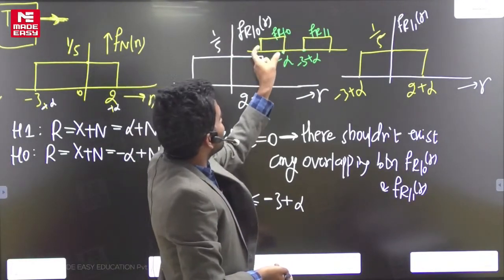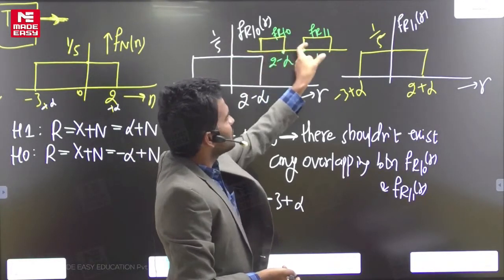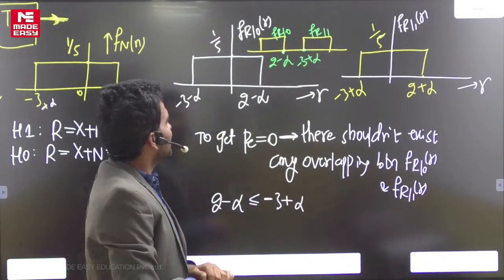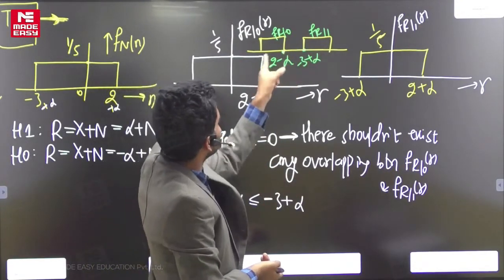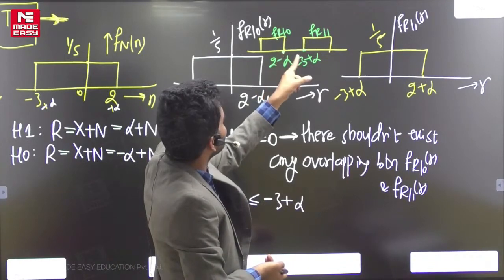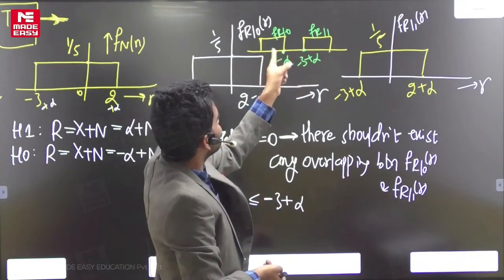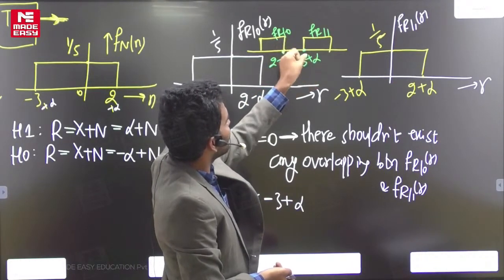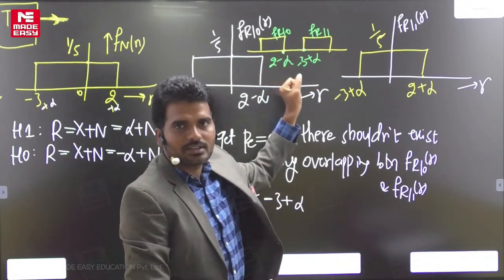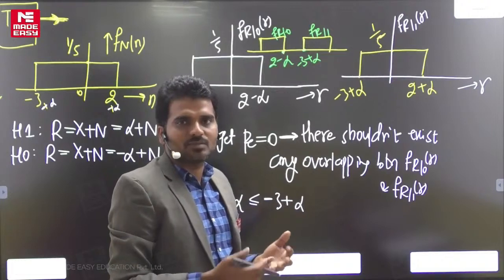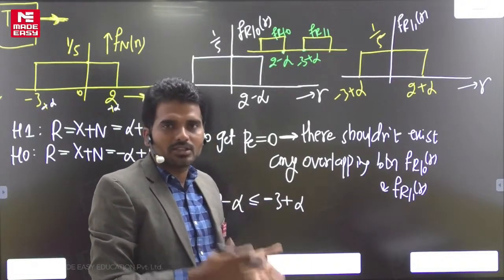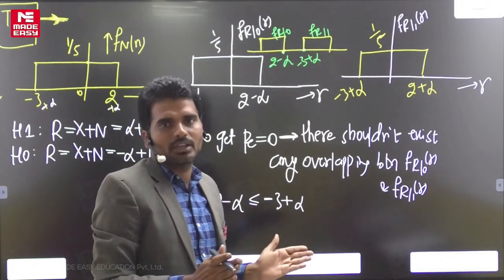The requirement is that there should not be any overlapping between these two density functions. To satisfy this, 2 minus alpha should be less than or equal to minus 3 plus alpha. If 2 minus alpha is greater than minus 3 plus alpha, then some overlapping will exist between these two density functions, and you can expect some finite probability of error. To get zero probability of error, there should not be any overlapping.